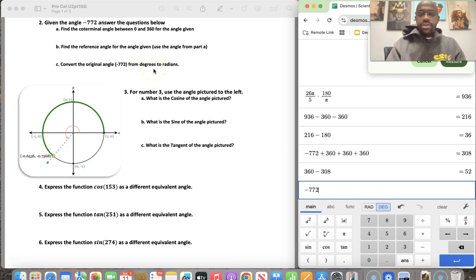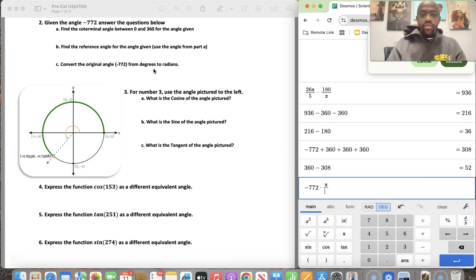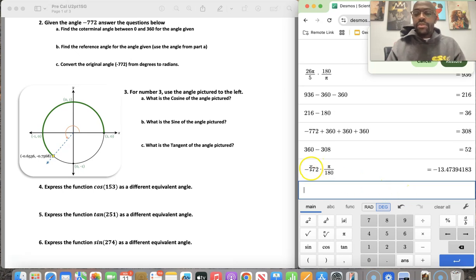In order to convert from degrees to radians, you're going to multiply by pi over 180. And you're like, wait, okay, I get negative 13.47. That's cool. But a lot of times, I'm going to ask you for the exact value. All this means is this is an irrational number, so pi is in your answer somehow. So you can simplify negative 772 pi over 180.